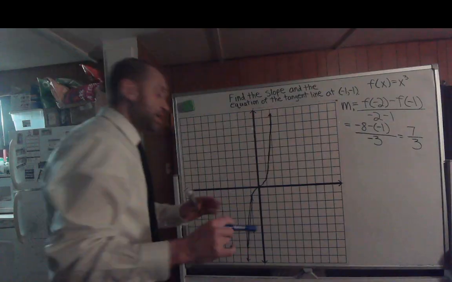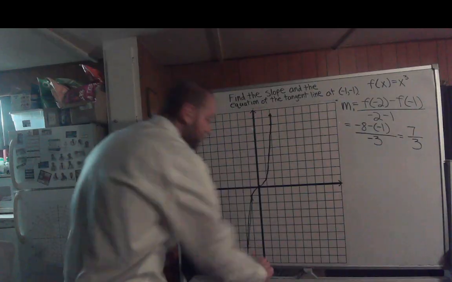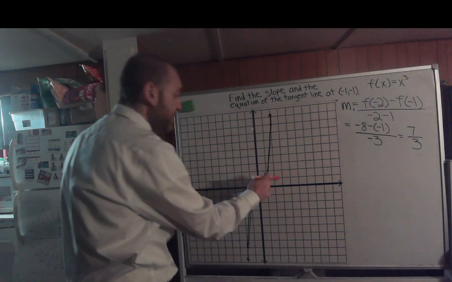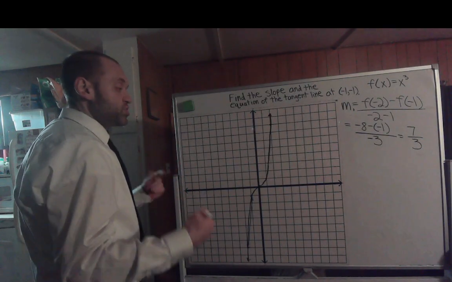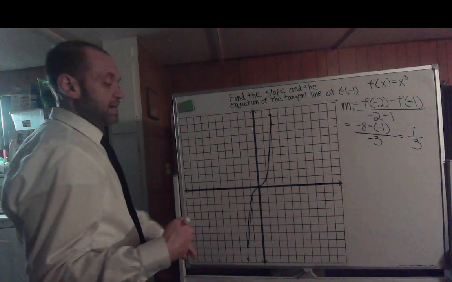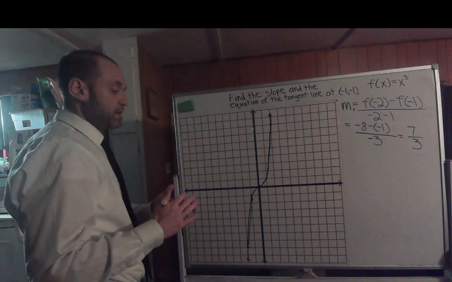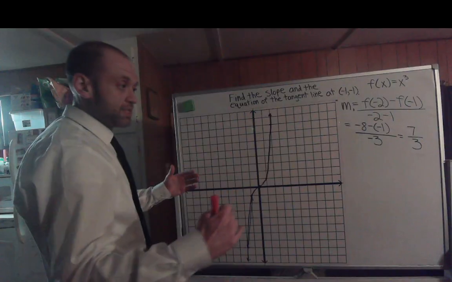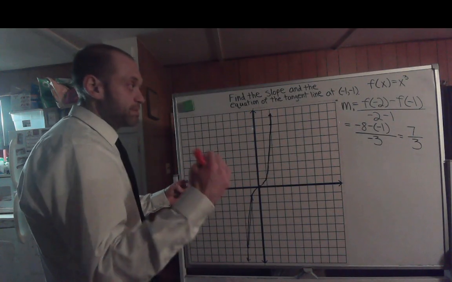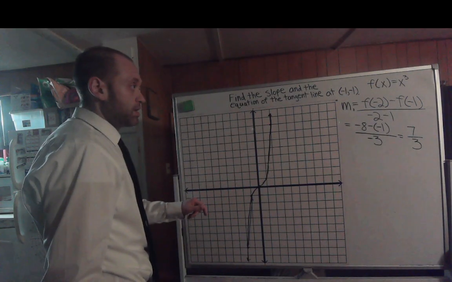I'll draw the next secant line in red, just so we have a differentiation between the two. But if I'm going to average the slope of two secant lines to find the slope of my tangent line at x equals -1, I need to pick another x unit in the opposite direction, the exact same distance from x equals -1.